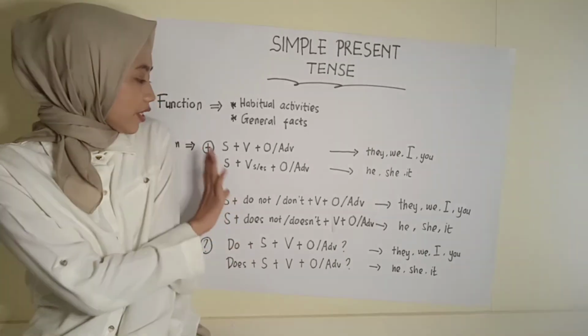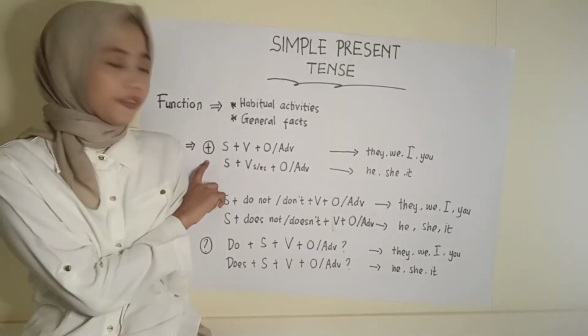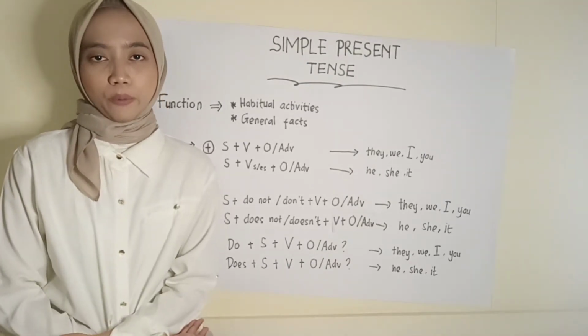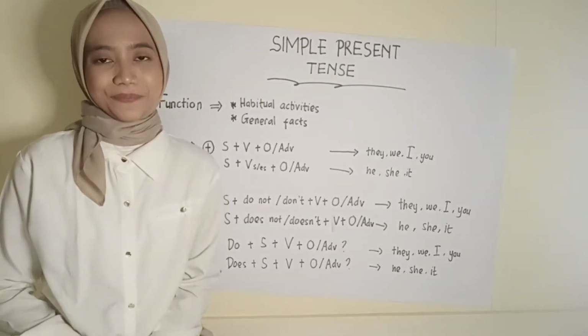Well, we're gonna start from the first one, that is positive sentence. I'm gonna give you examples. Let's take a look. The first sentence is, I go to school by bus every day.